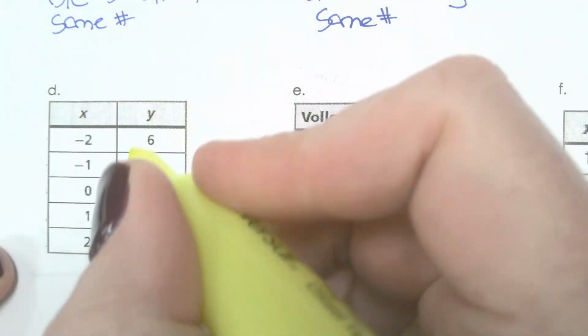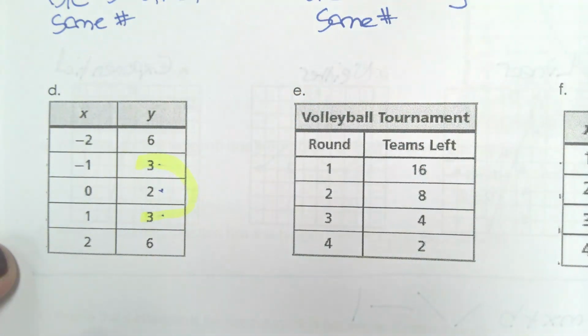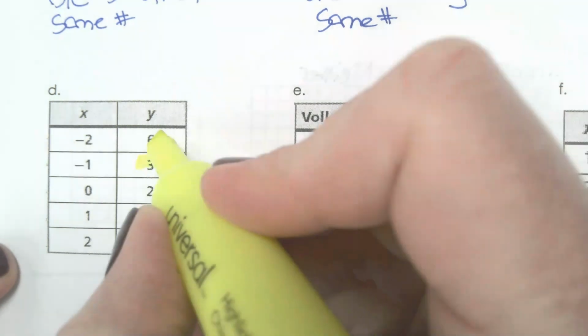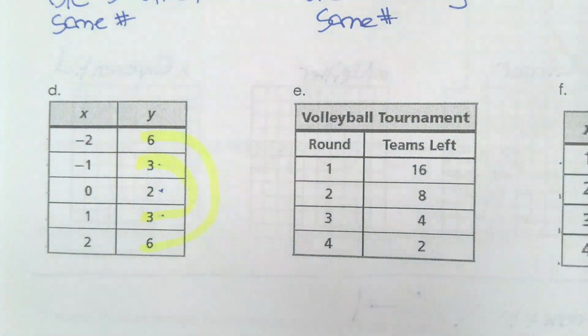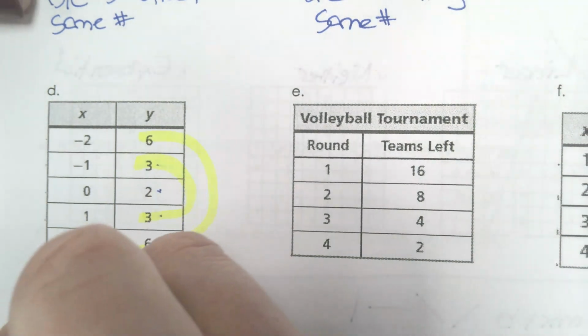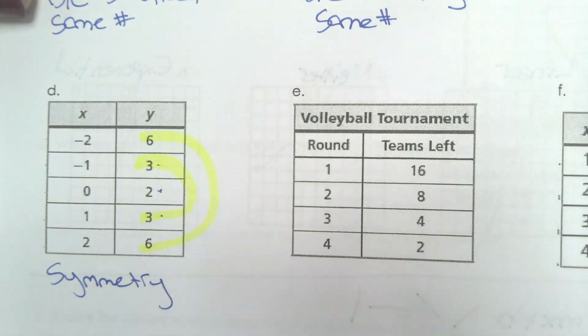But what I do notice, I have a 3 here and a 3 here. I have symmetry. On your y's, I have a 6 here, I have a 6 here, I have symmetry. So when I have symmetry on your y's, this is when I know that it's a quadratic.